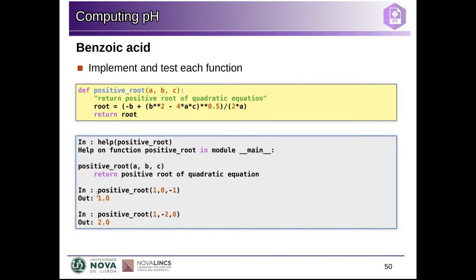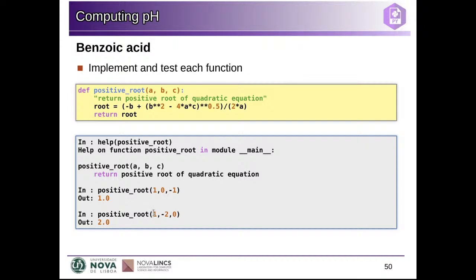And then we can test the function. We can see if this equation x squared minus 0x or plus 0x minus 1, what is a positive root, and this one here. So if you use simple examples, you can check if your function is giving the correct result. Okay. So x squared minus 1 should have a positive root of 1, because 1 squared is 1, minus 1, and it's 0.